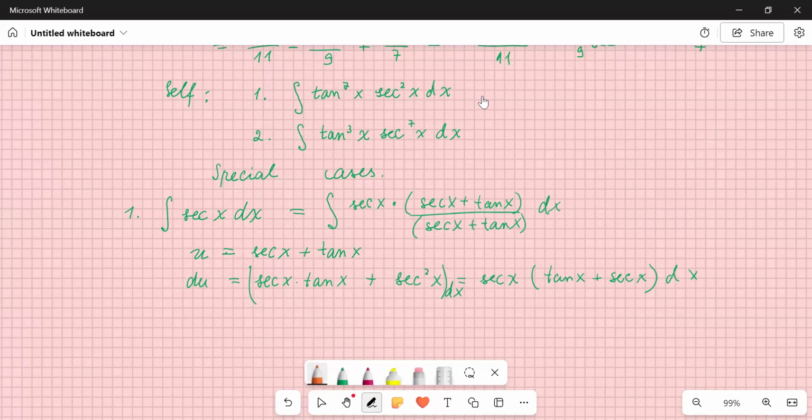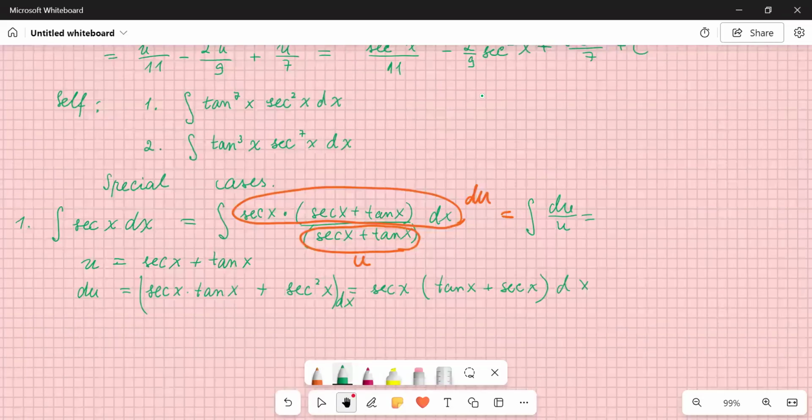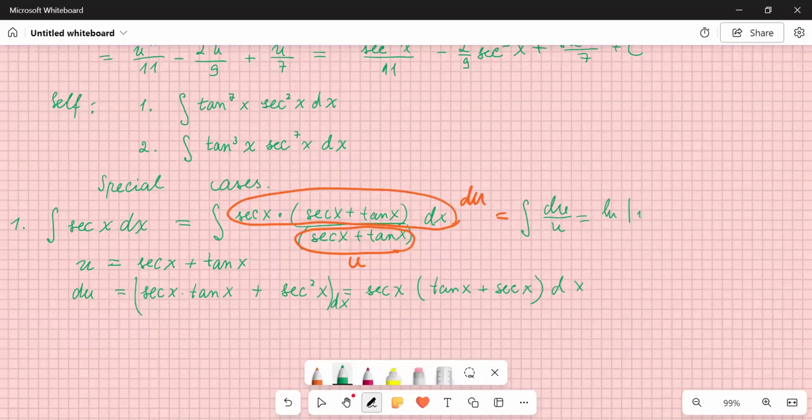Look at the denominator. The denominator is basically my u, right? Look at the numerator: secant plus tangent, dx. The numerator is my du. Now you see probably why I did this substitution. So we have du over u, which tells us that the result is just ln of the absolute value of u, right?